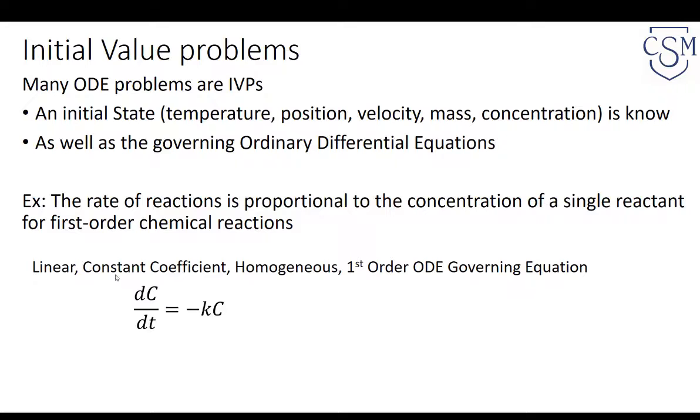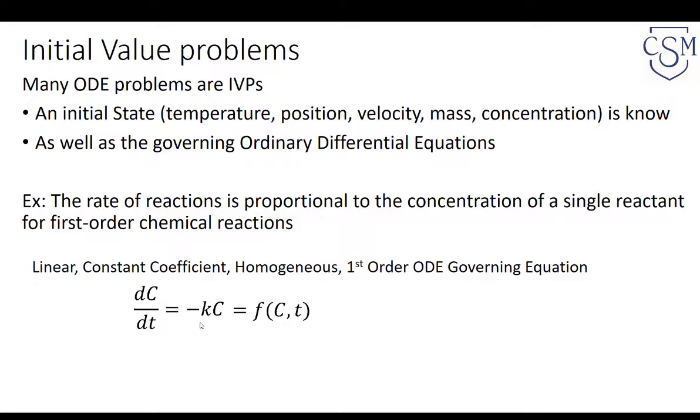We say that this is a linear constant coefficient homogeneous first-order governing ODE. That is, the derivative of the concentration with respect to time is equal to negative K, which is a constant coefficient, times the concentration.